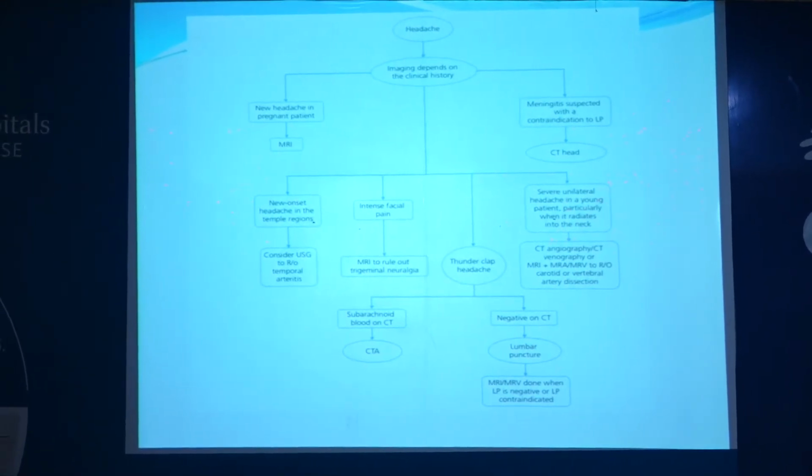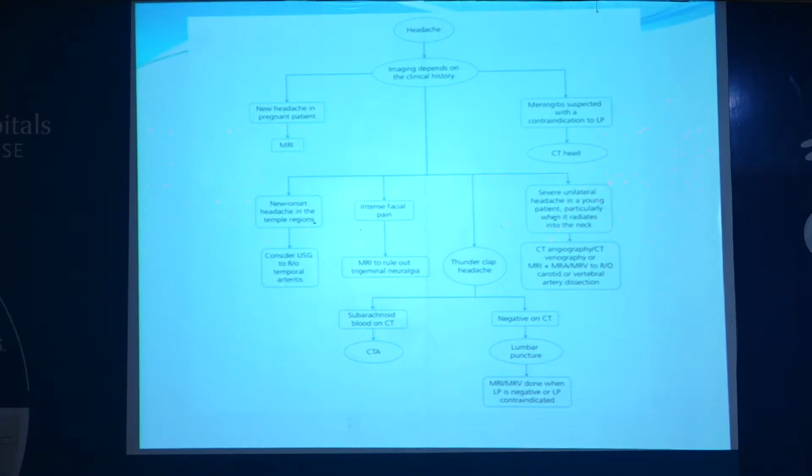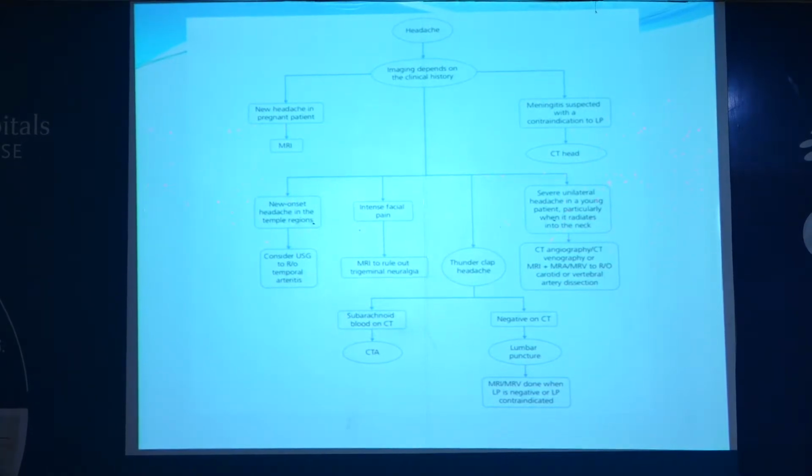If we are suspecting meningitis, then we get a CT or an MR with contrast done. The patient is having a new onset headache, especially in the temple regions. If the patient is presenting with intense facial pain, the clinician must tell the radiologist to look for trigeminal neuralgia so that the radiologist plans the MR accordingly.